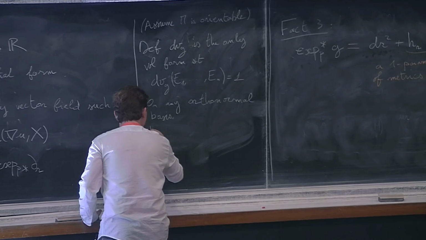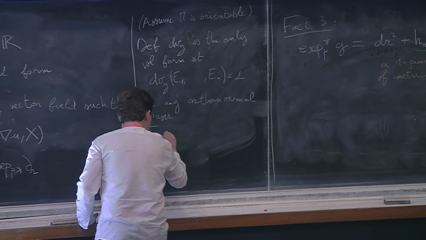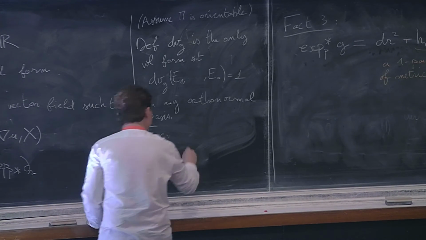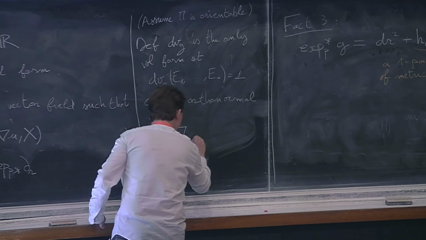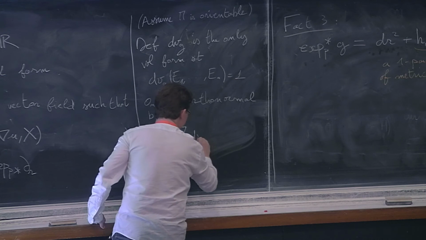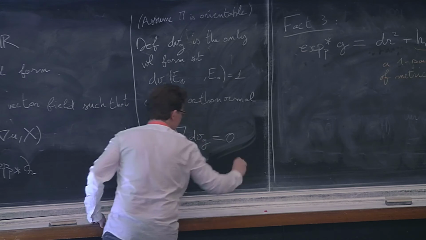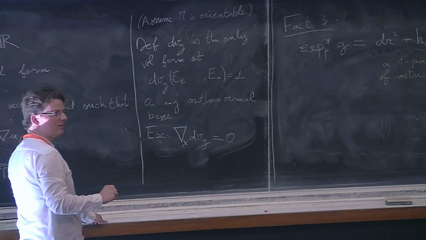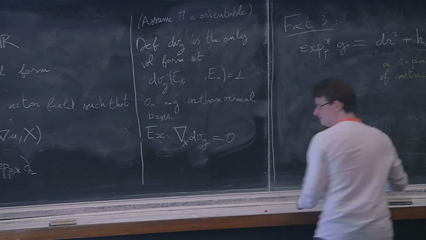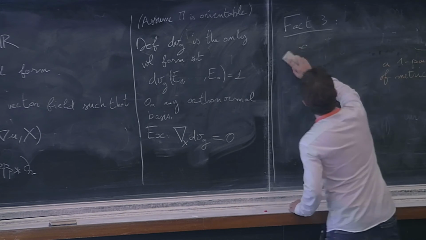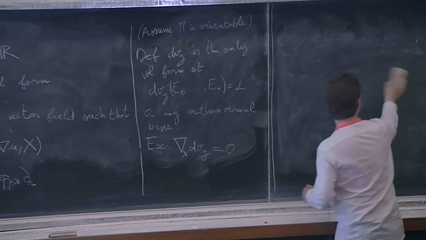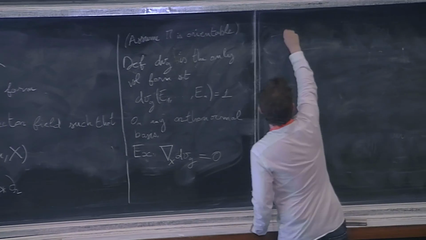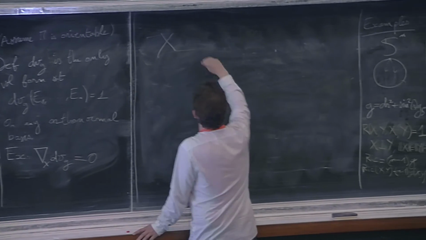Actually, with what we have shown, you can prove the following. If you take the covariant derivative of the volume form, defined in that way, you get 0. So this is a parallel object. Okay. So now let us define the derivative of a vector field, the divergence of a vector field.